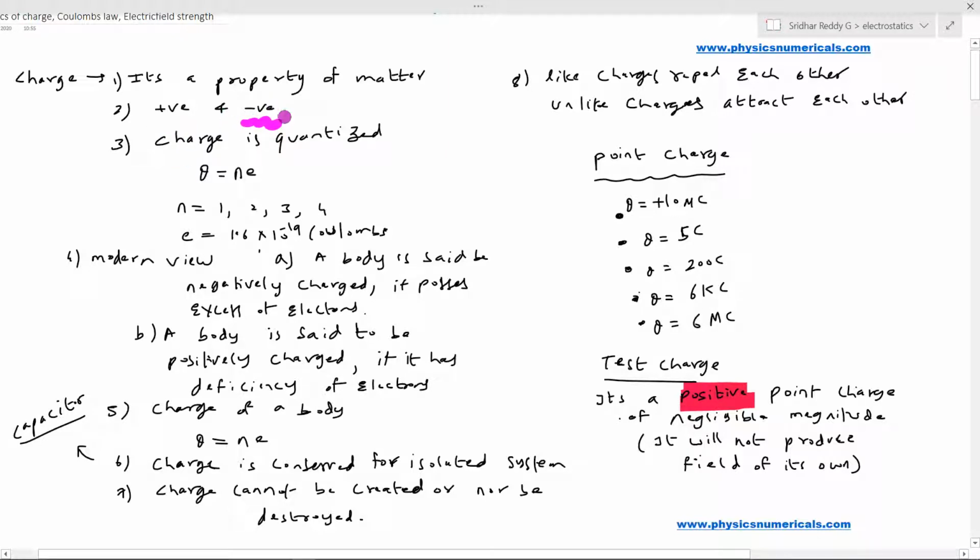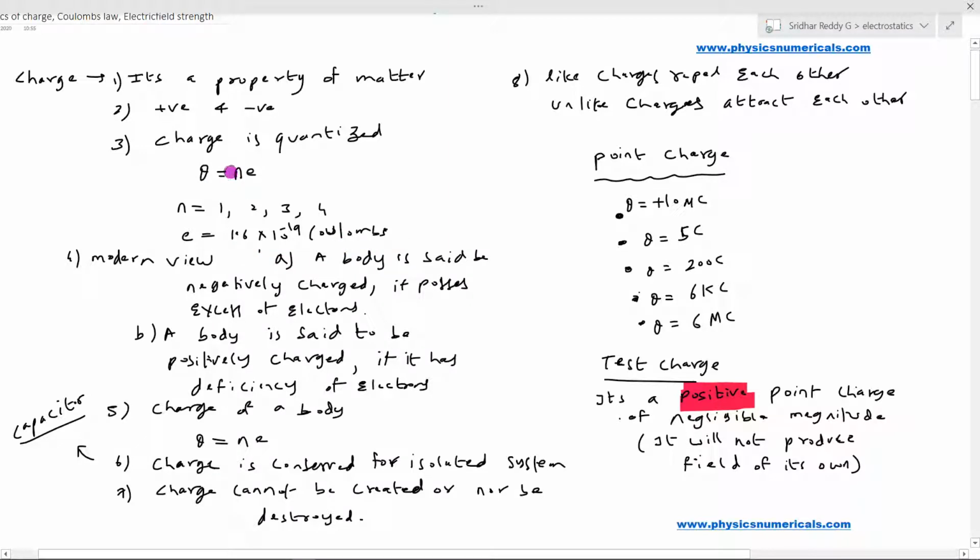Fine. After this, the charge will be quantized. So what is it basically? How do we express charge? Integral multiples of the charge of an electron. What is e? e is called the charge of an electron. And what is the charge of an electron? 1.6 into 10 to the power of minus 19 coulombs. So what is the charge of a body?